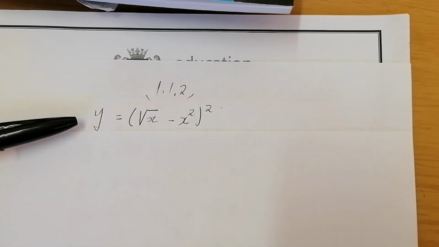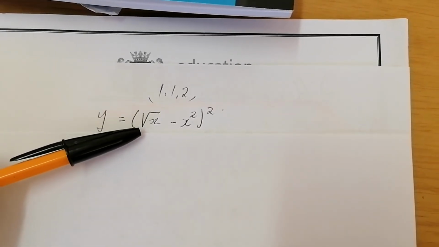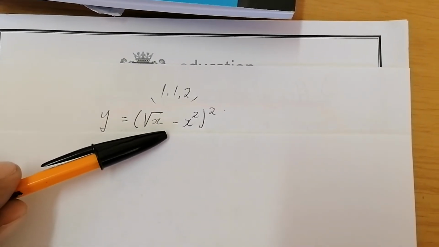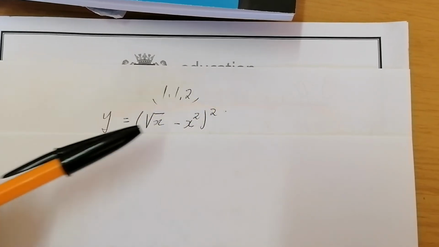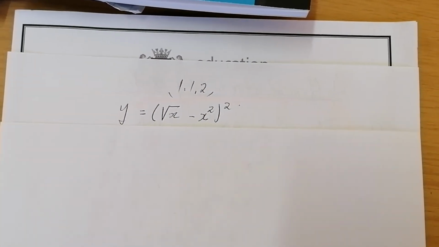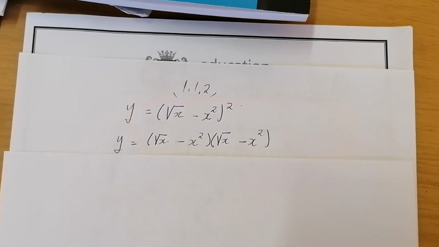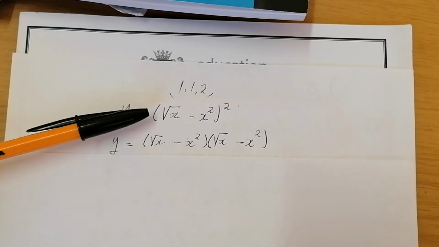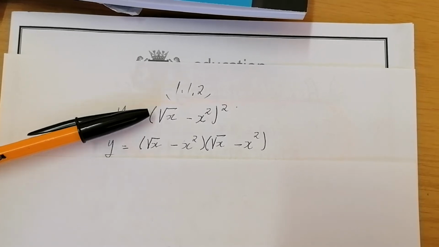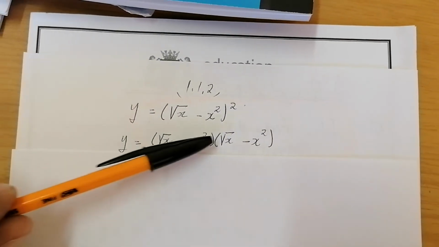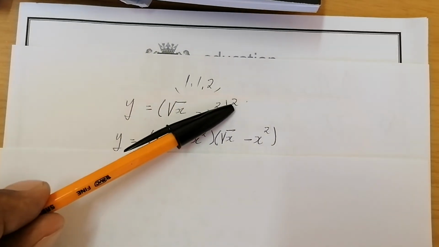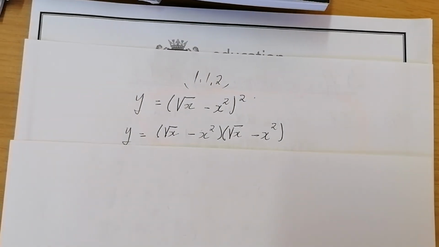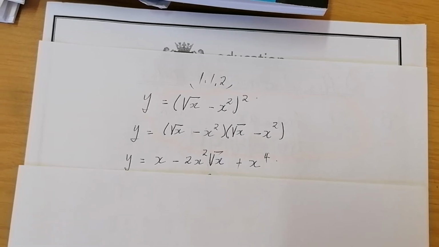Let us look at what I'm talking about here. The function is y is equal to open bracket square root of x minus x squared close bracket raised to power 2. Now, remember, before I differentiate this, I must multiply the two brackets. I can only differentiate the product of that. Now, let's multiply them.